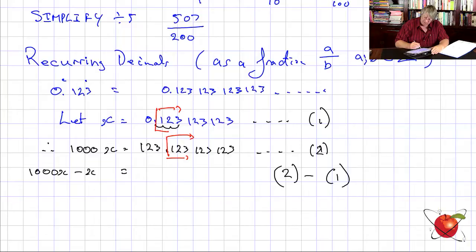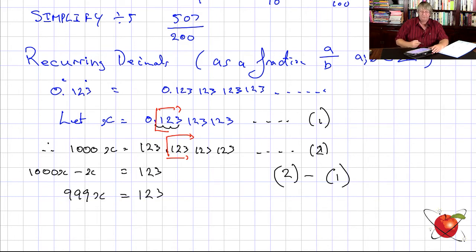So when I subtract, everything behind the decimal is gone. It's been removed. So I've got 123, so I can say 999x is equal to 123. Okay? Therefore, x is going to be equal to 123 over 999.